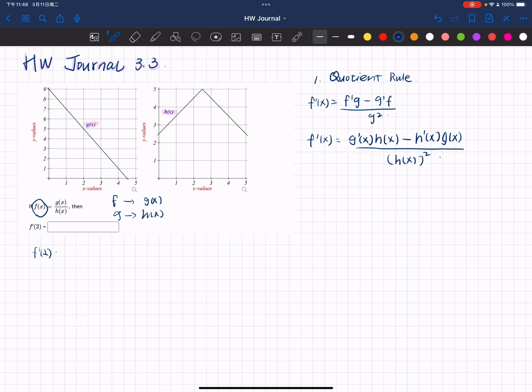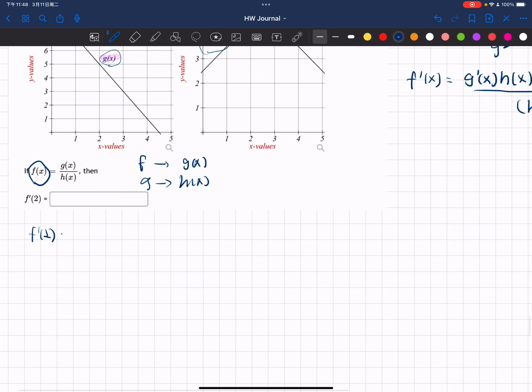Because the problem didn't give us any information regarding the functions g of x and h of x, we will be investigating the values through the graphs that were given.